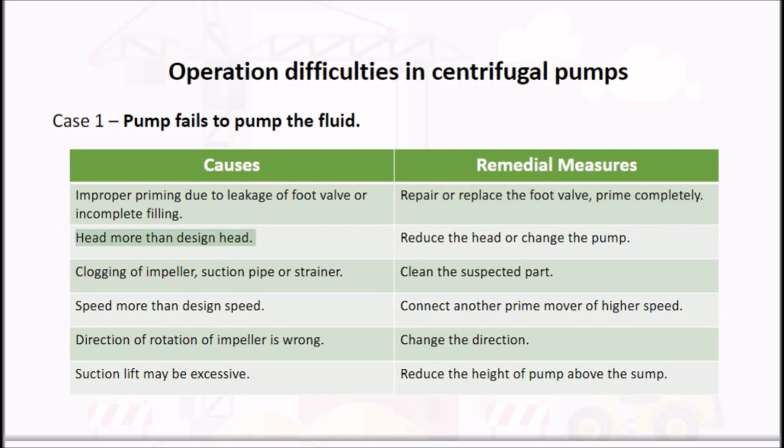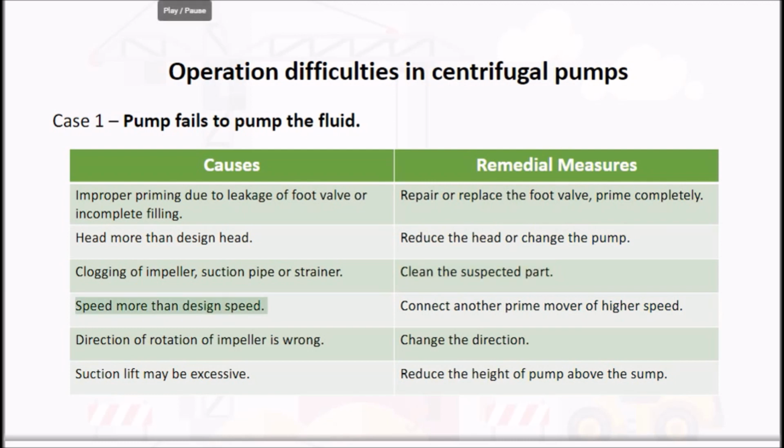Head more than design head: reduce the head or change the pump. Clogging of impeller, suction pipe, or strainer: clean the suspected part.